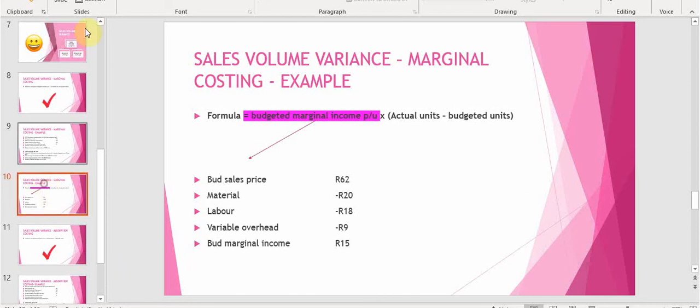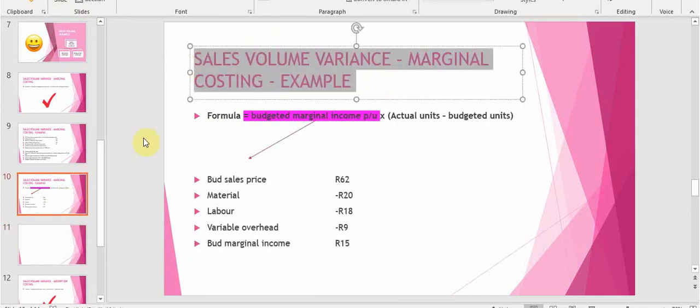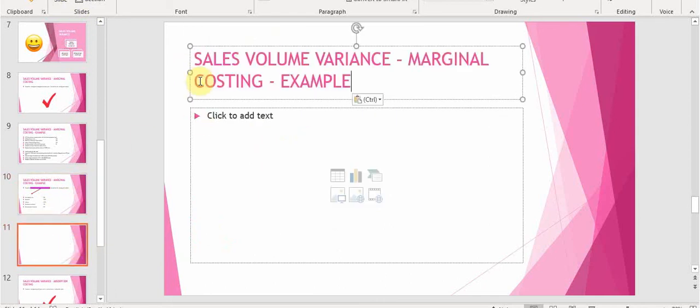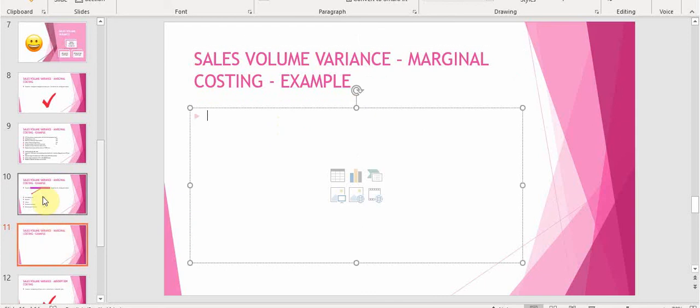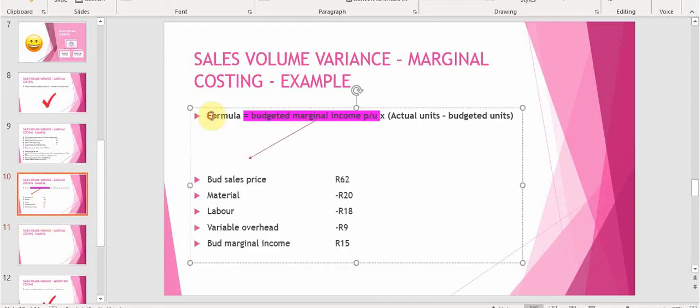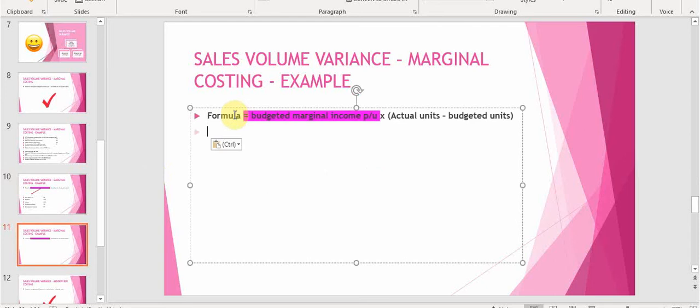So I'm going to use this information now. I'm just going to add a slide here. I'm going to use this total of 15 Rand in my formula now. So this formula said the budgeted marginal income times actual units minus budgeted units. That's the formula. So we just calculated our budgeted marginal income.